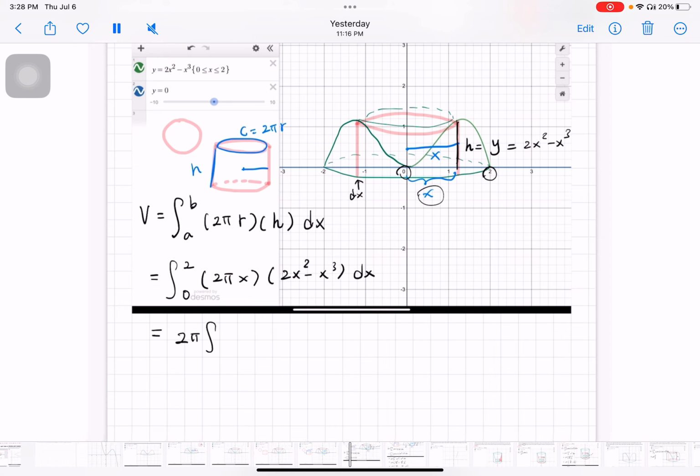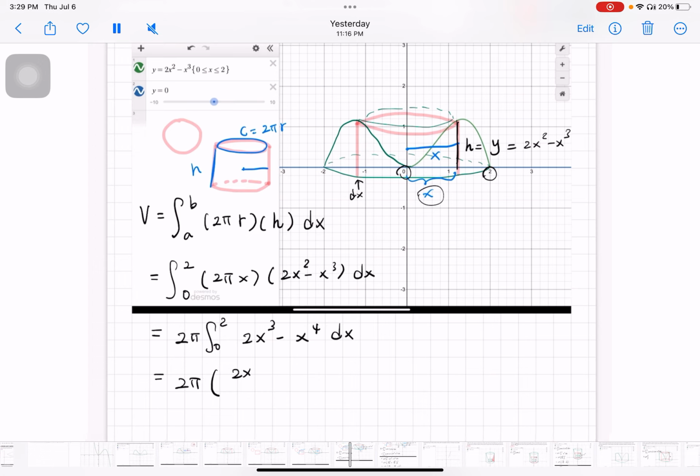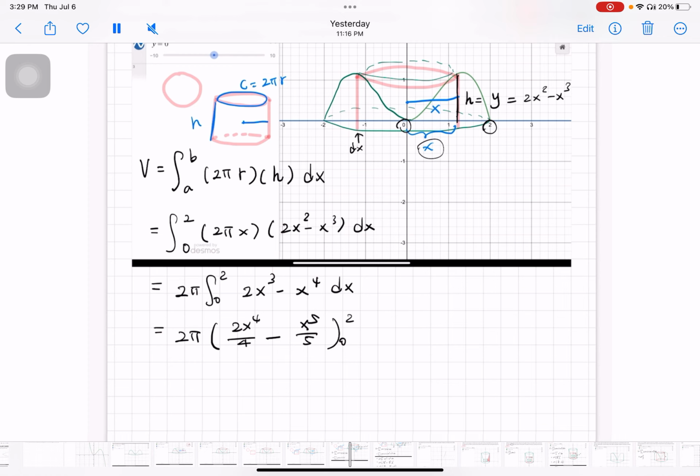We can pull out the constant 2 pi to the front, multiply the x and the 2x squared minus x cubed, and use the power rule to evaluate it. Evaluate from 0 to 2, multiply and simplify.